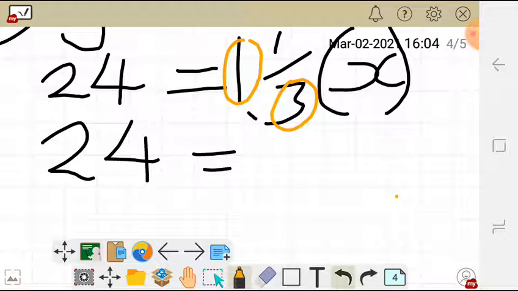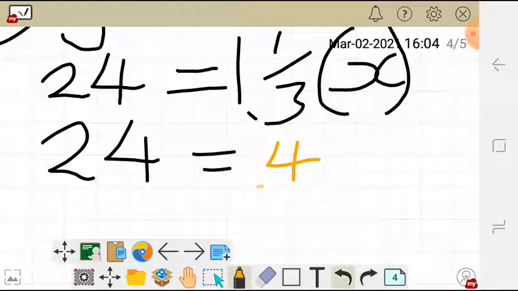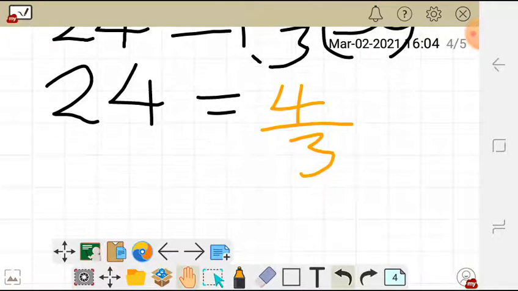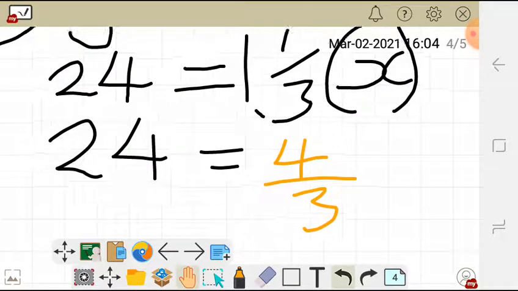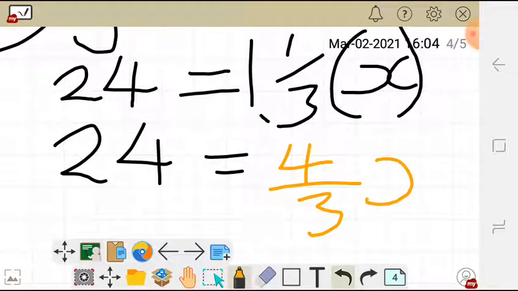Then that 3 that you get plus that 1 which is there, and you are going to get 4, which will be 4 over 3. Then this 4 over 3 is multiplied by x.